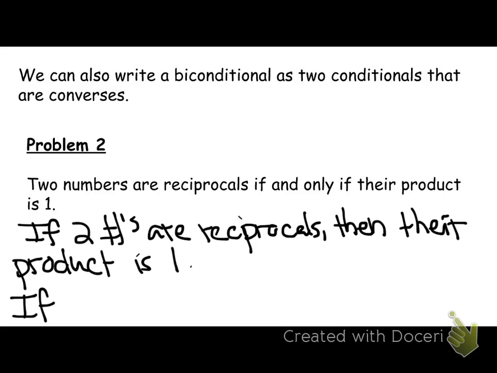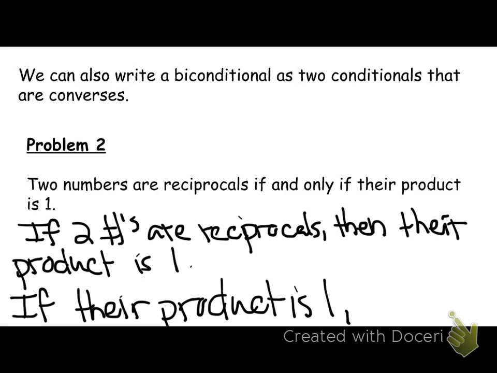I'll start you out. What comes after then, Canaan? Keep going. Make that come after if. Their product is 1. If their product is 1, then two numbers are reciprocals. Sounds like you know what you're doing.